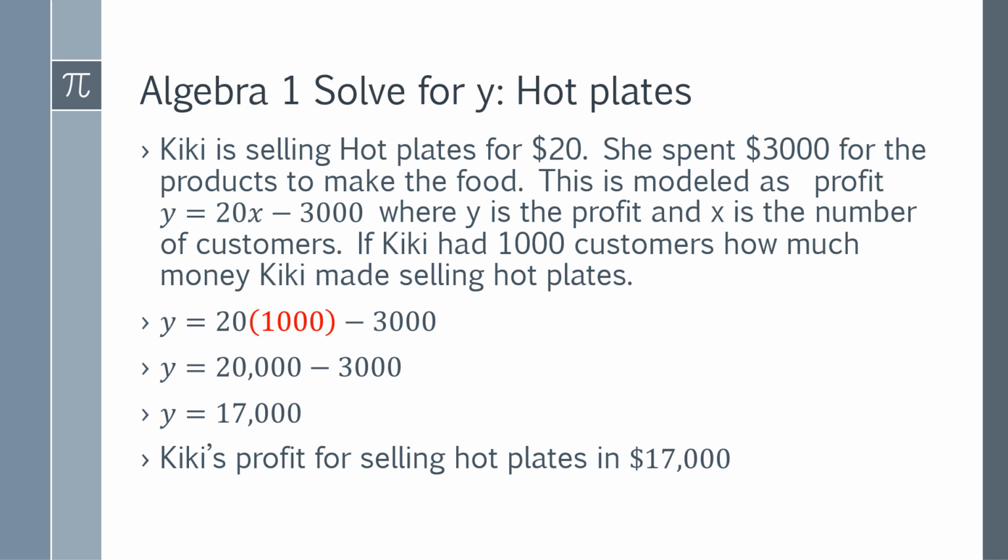She spent $3,000 for the products to make the food. This model has a profit of y equals 20x minus 3,000, where y is the profit and x is the number of customers. If Kiki had 1,000 customers, how much money did Kiki make selling hot plates?